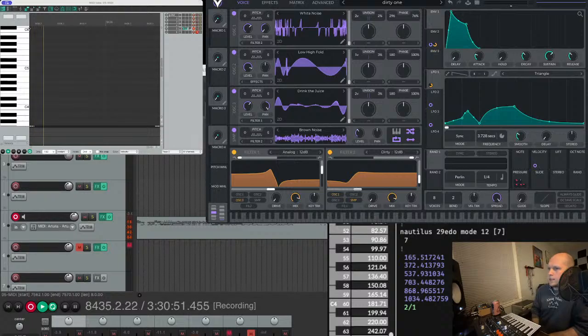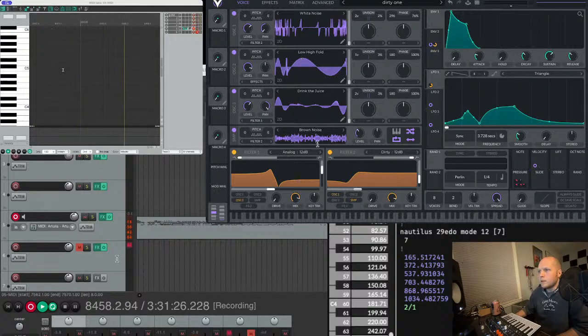If we just stick with this shape, and just like with the full Nautilus scale, this 7-note subset of Nautilus, it's uneven, so not every step is the same size here. I can't remember which one the big one is, but if we look at the synths, we should be able to figure it out.